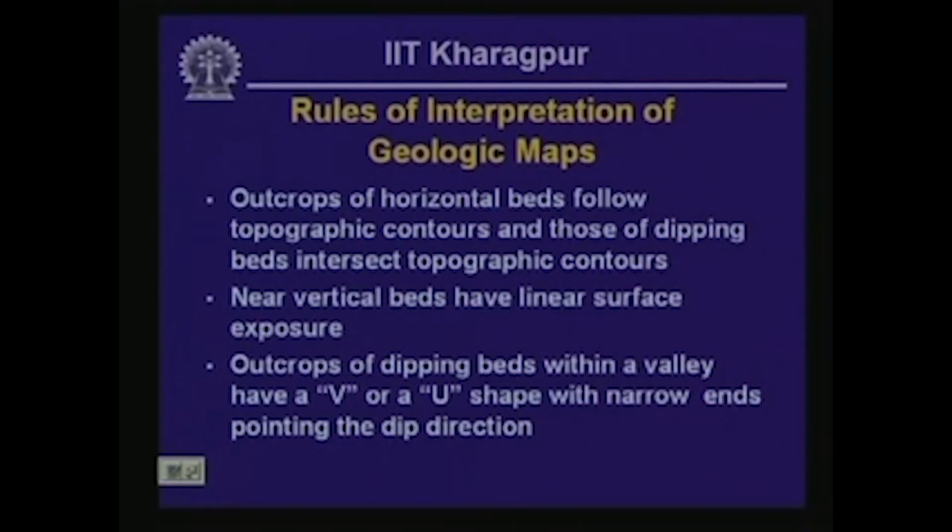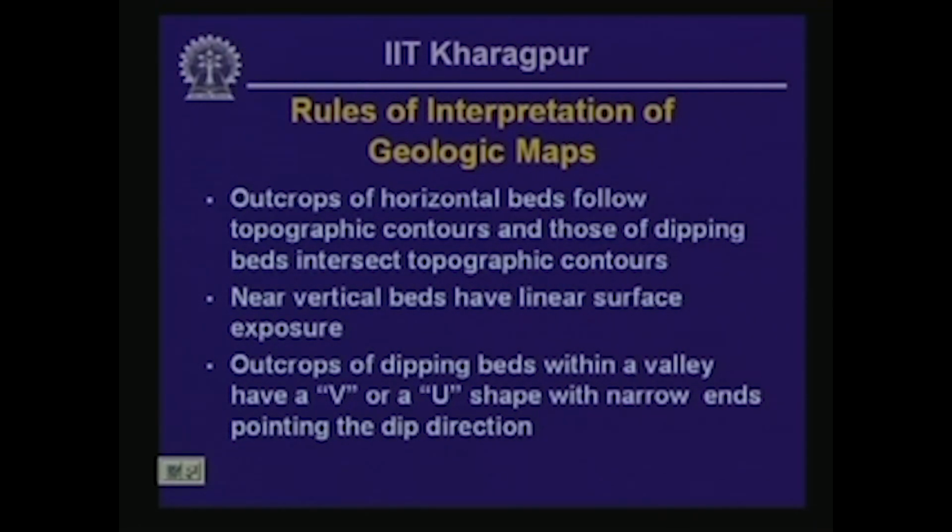Now, what we look at typically are a set of 3 or 4 different thumb rules, and the origin of them becomes very clear if you quickly try to follow through the reasons or try to visualize the geometry of different layers.